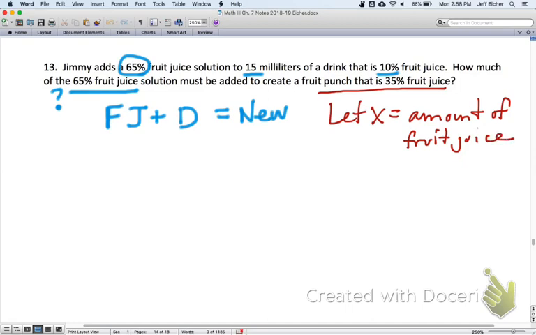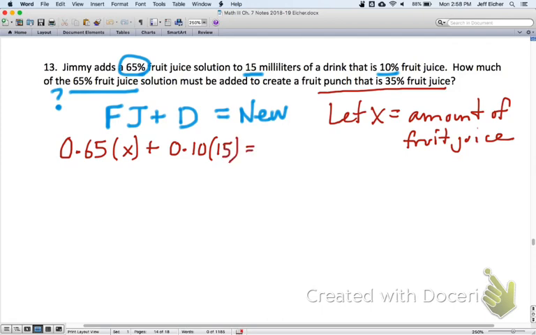So that first fruit juice, you have 65% times x. It's not 100% fruit juice. That other 35% might be water or something. Plus this other drink, and you're told that drink has 10% fruit juice, and it has 15 milliliters in that drink.